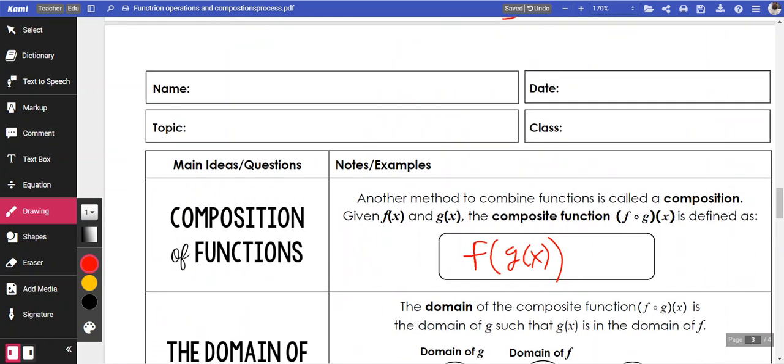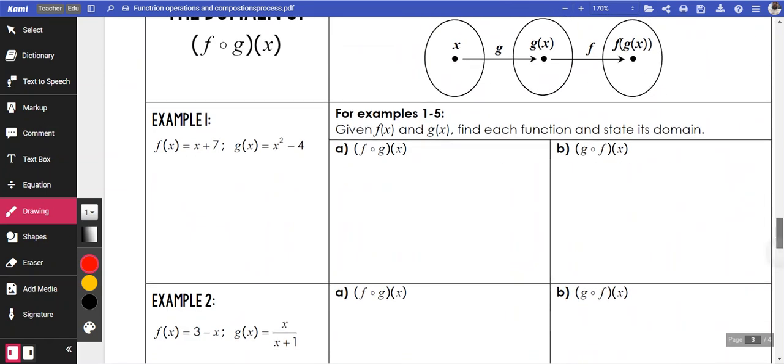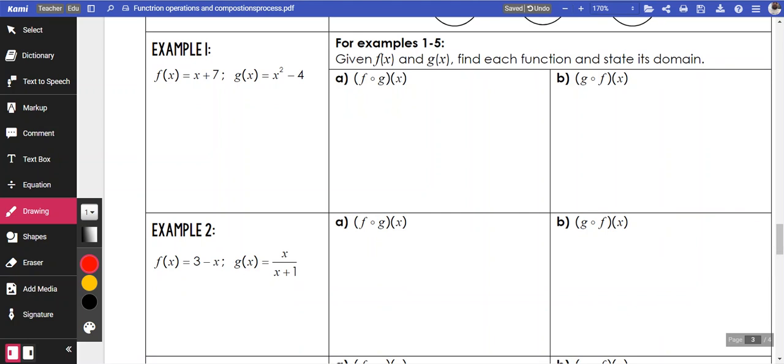So if we look at this, they want us to compose f of g of x and then state its domain. What does this mean if I'm finding f of g of x? It means literally anywhere I see the letter x in the function f, I'm going to replace it with the entire function g.